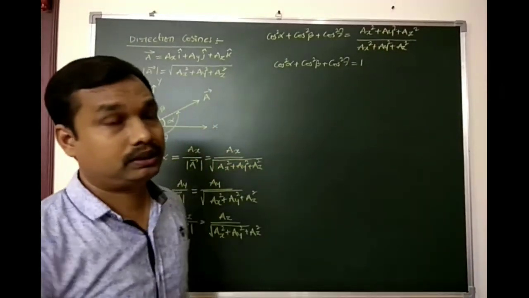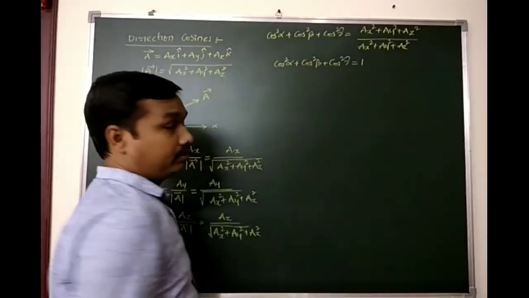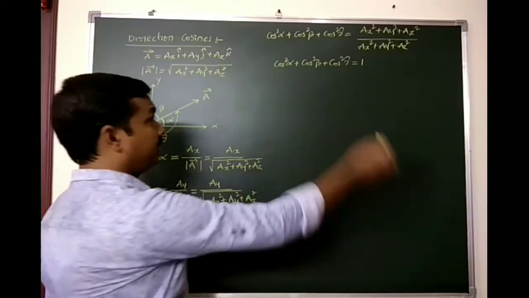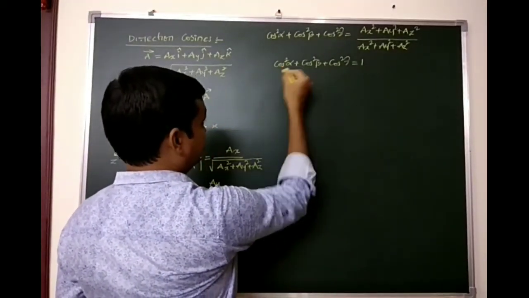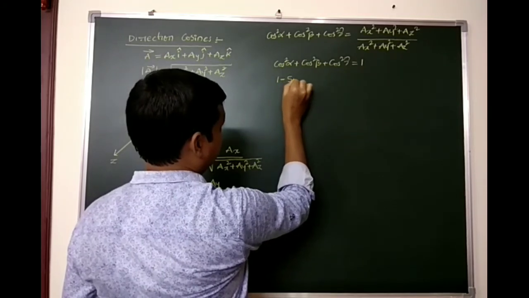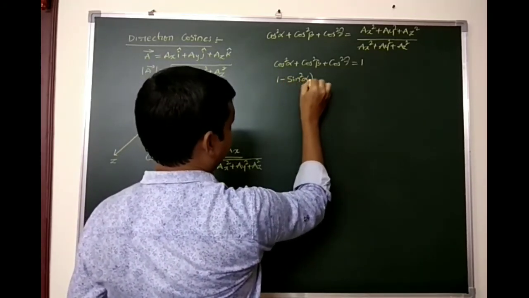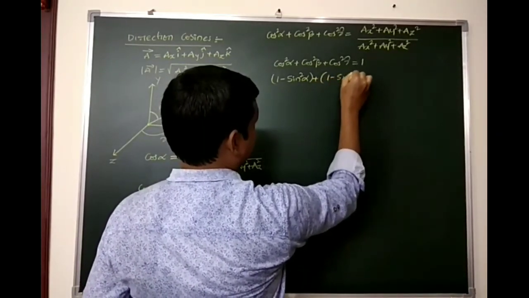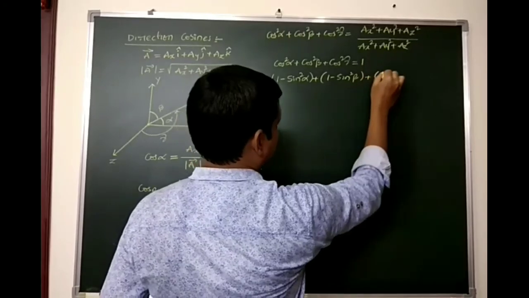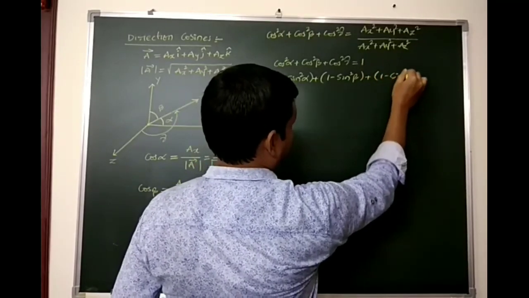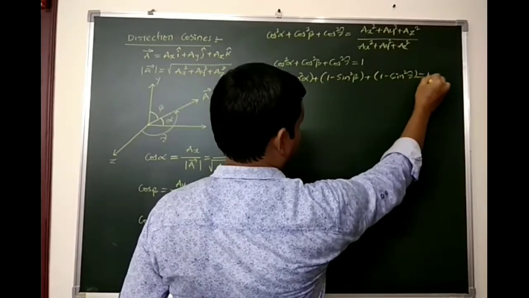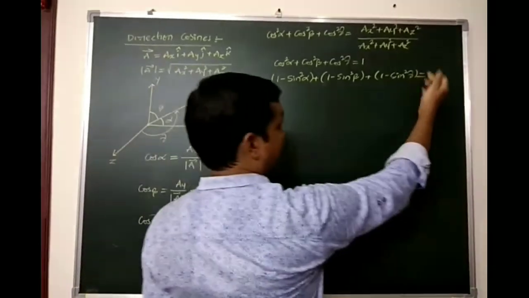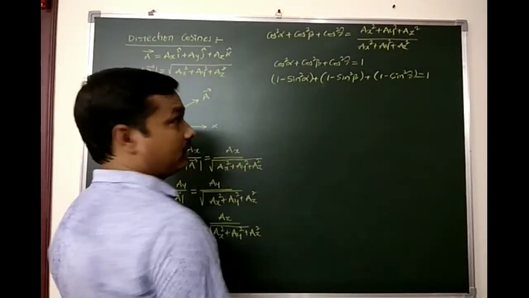If you turn it into sine, what is the relation between sine and cos? Sine square theta plus cos square theta is equal to 1, according to the trigonometric identity. So 1 minus sine square alpha plus 1 minus sine square beta plus 1 minus sine square gamma is equal to 1. 1 plus 1 plus 1 is 3 in total. If we bring it to the left, it becomes 2.